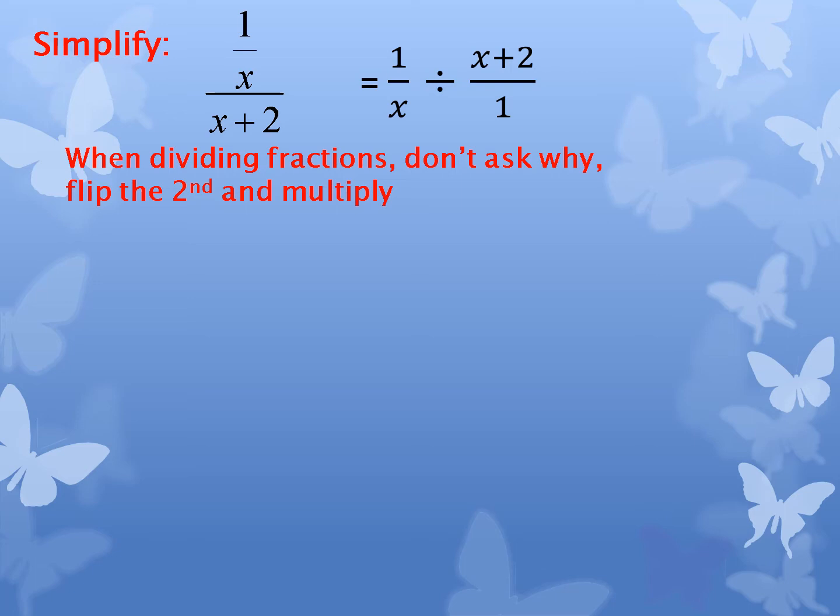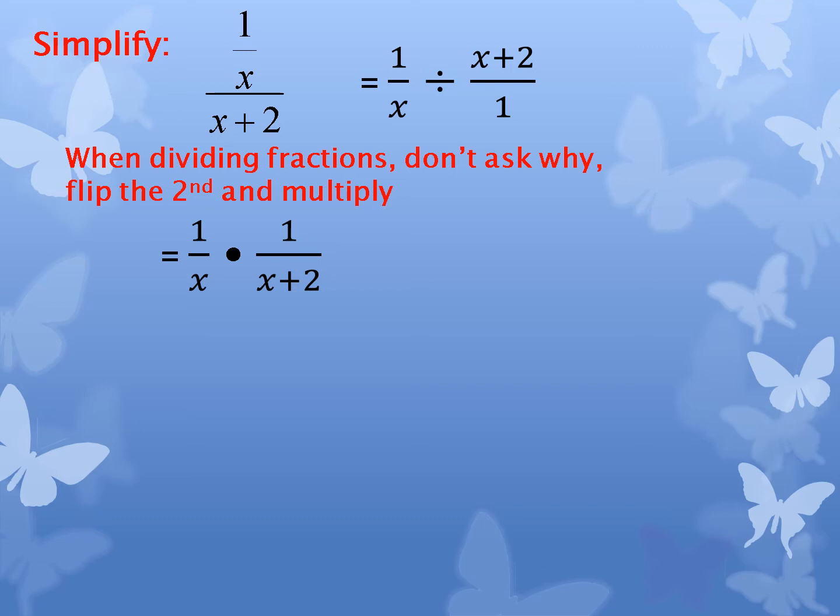Both are perfect because ultimately what matters is what comes after the comma: flip the second and multiply. So we are going to change that division symbol into a multiplication symbol, and then flip what comes after the division sign. So it looks like that. We have 1 over x times 1 over x plus 2.